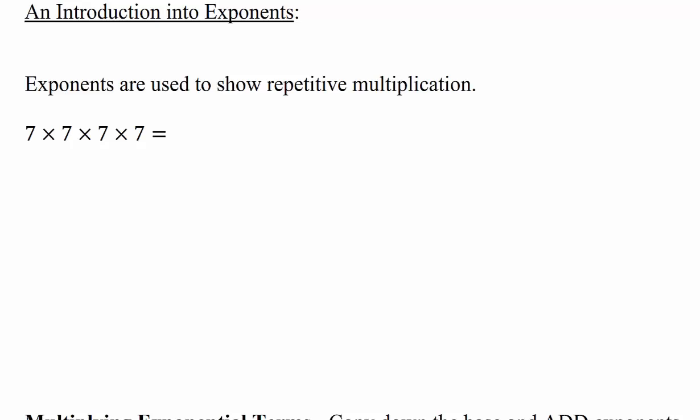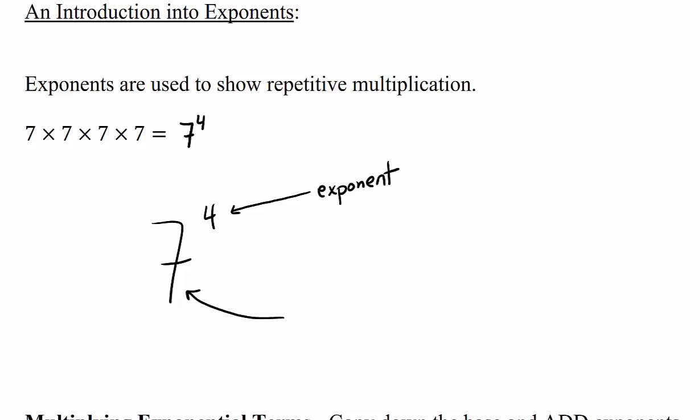Using exponential notation, we will write this as 7, and then how many ever 7s are being multiplied, that will be the exponent. And so if I examine this expression a little more, the exponent is always going to be in the upper right-hand corner, and the number that the exponent is being applied to, that is called the base.